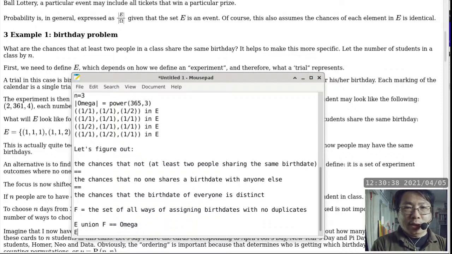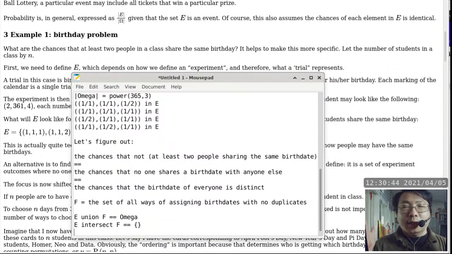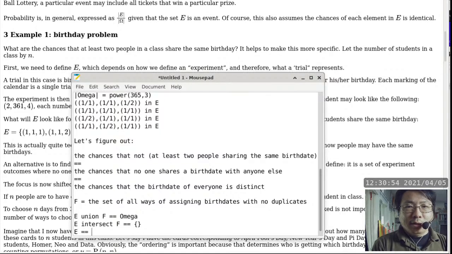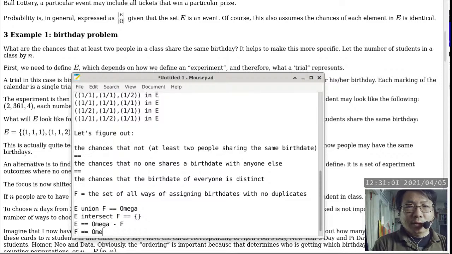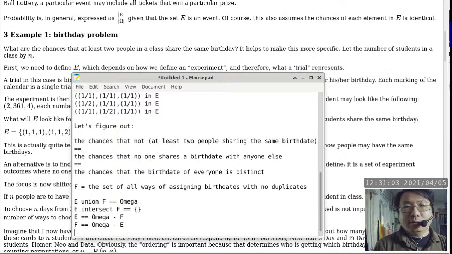And obviously E intersect F is an empty set, because a 3-tuple cannot be in E and F at the same time, since they are mutually exclusive. And the way Angel expressed that is also fine. E is basically the same as omega minus F, or F is omega minus E. These are all just different ways to describe exactly the same thing.